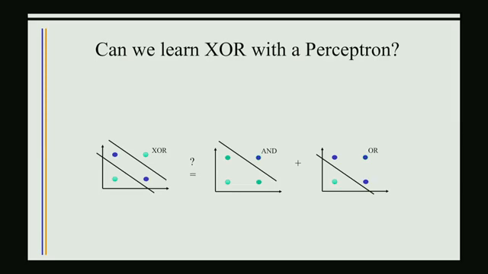If I've got a two-valued input, meaning I've got x1 and x2, where x1 can be 0 or 1, and x2 can be 0 or 1, the output will either be a blue dot or a green dot based on whether x1 equals 1, or I'm sorry, let me call it x0 and x1.